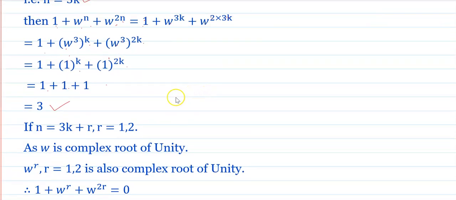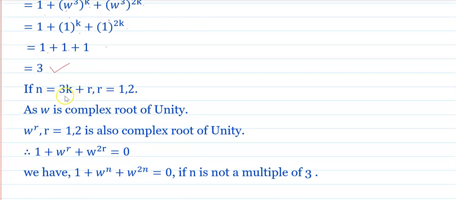हा first part झाला. If n is equals to 3k plus r आणि r च्या व्हॅल्यूज इथे काय घेणार आपण, 1 or 2. Omega is a complex cube root of unity. Therefore 1 plus omega raised to r plus omega raised to 2r is equals to 0.